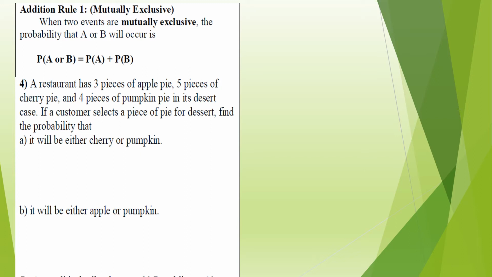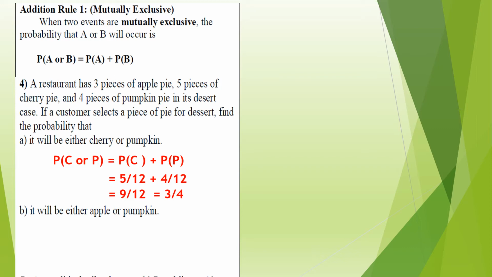So the probability of cherry or pumpkin equals P(cherry) plus P(pumpkin), where for cherry we have 5 over 12 plus for pumpkin 4 over 12. So the final answer is 3/4.